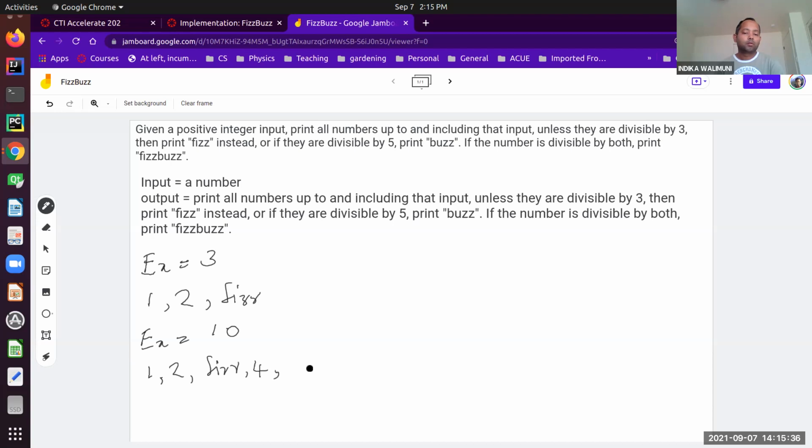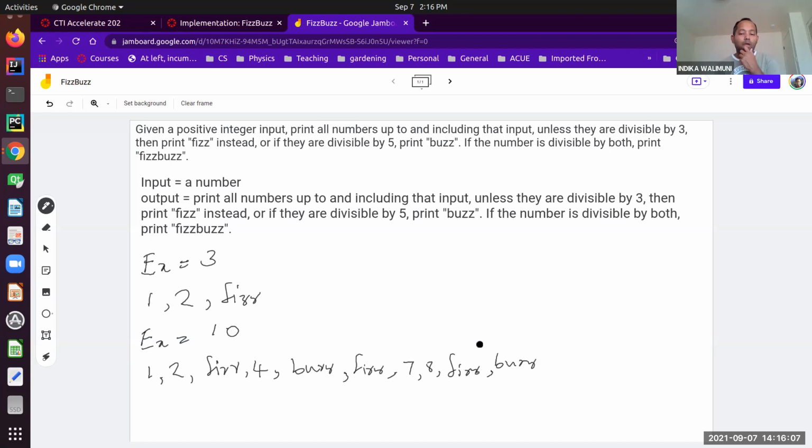Yes, so we print buzz, and then 6 is again divisible by 3, so fizz, and then 7, 8, 9 again divisible by 3, so fizz. And then 10 divisible by 5, so it's buzz.